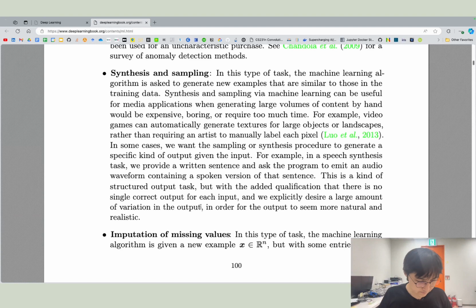So generally, if you have a problem and you can represent that problem as a task, and if that task cannot be achieved with traditional programming, then it is time to think about machine learning, thinking about that problem from a machine learning point of view.